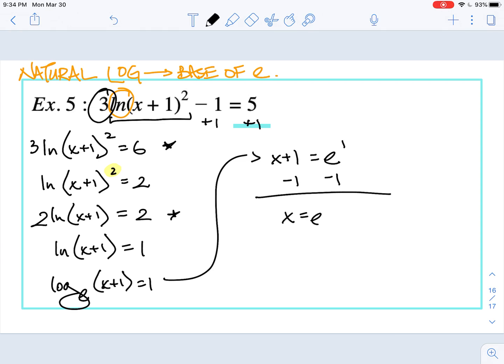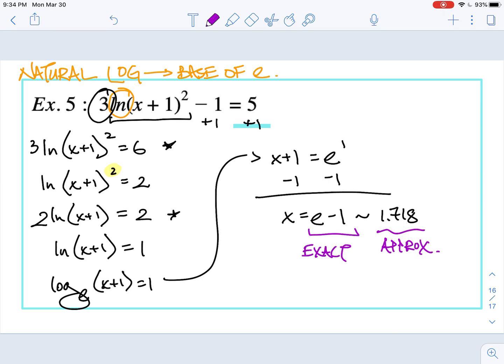So I'll get x equals e minus 1. Exact solution. And if we enter that into the calculator, we'll get about 1.718 as our approximate solution.